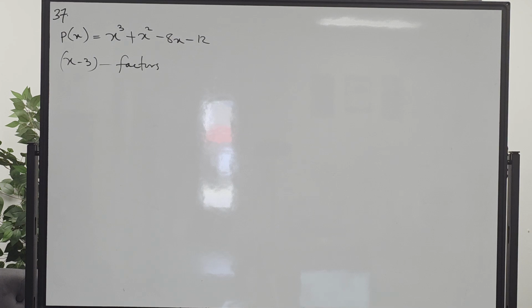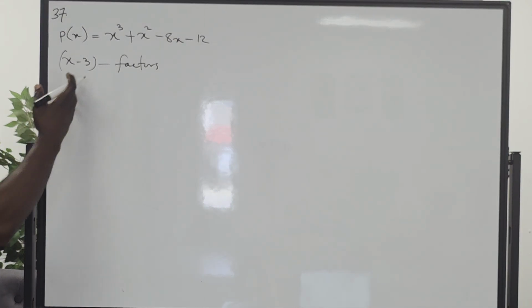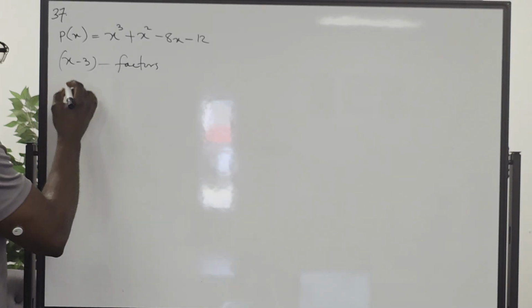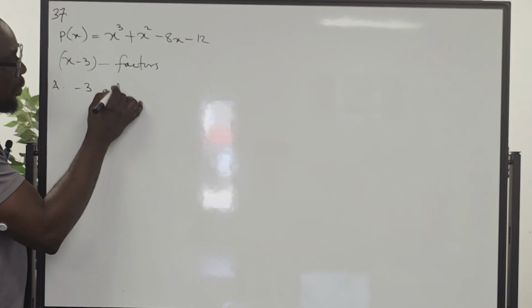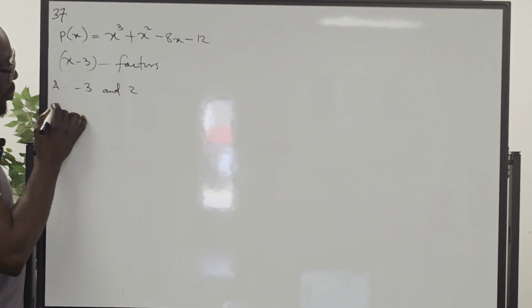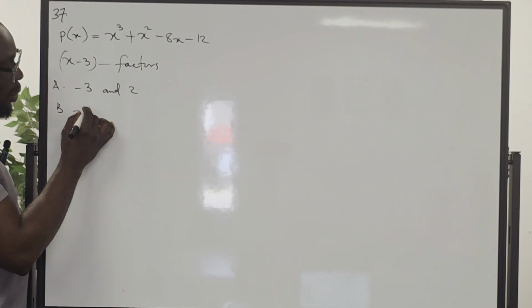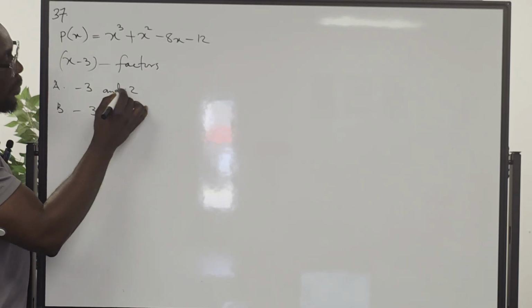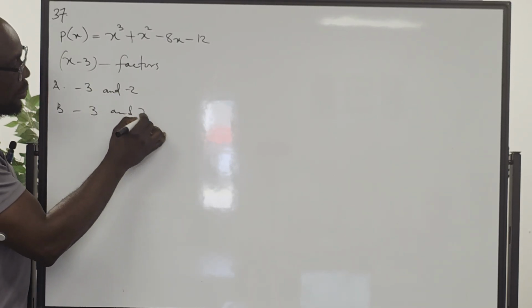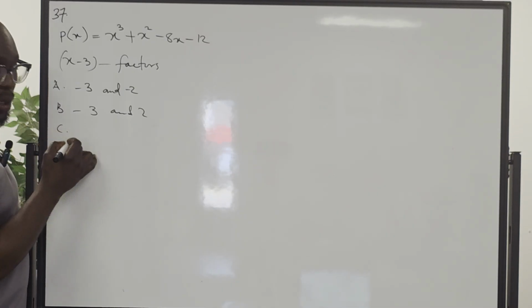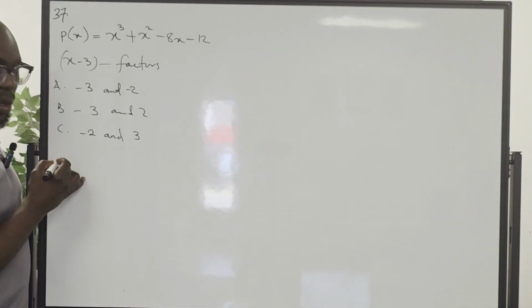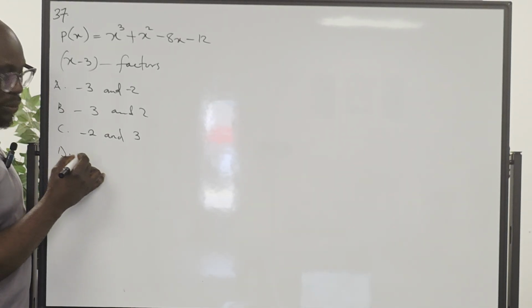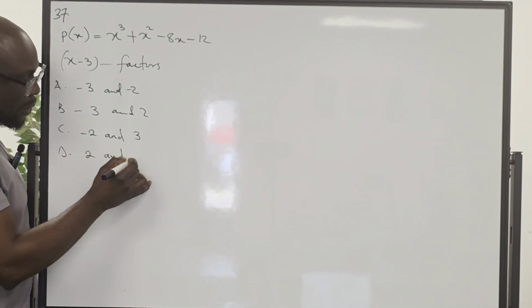What are all and only zeros of P? So they're asking us the zeros of P. They gave us option A, minus 3 and 2. Option B, minus 3 and 2, the first one is minus 2. Option C, minus 2 and 3. And option D, 2 and 3.